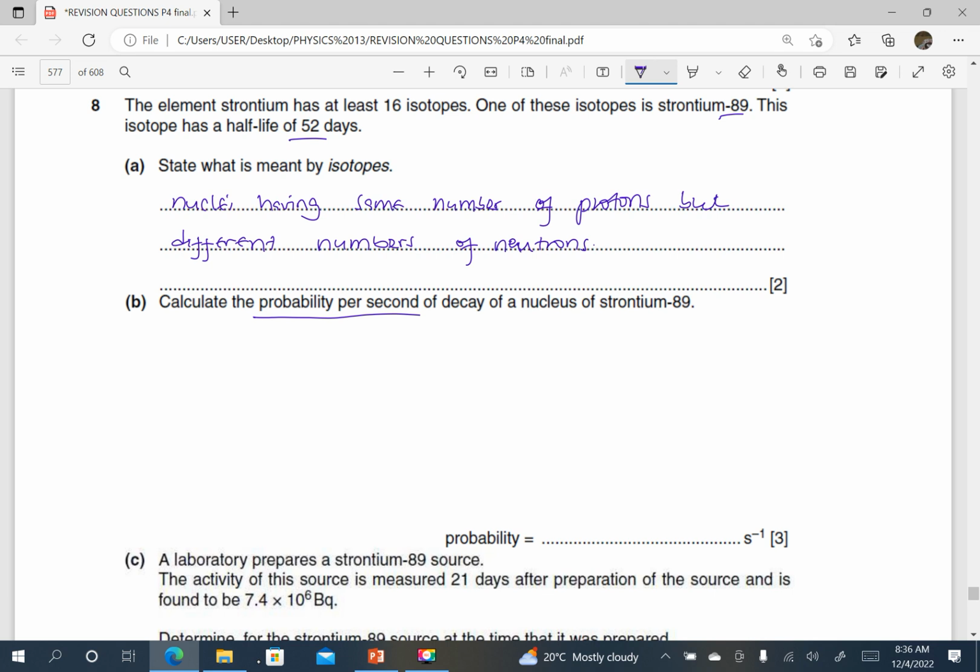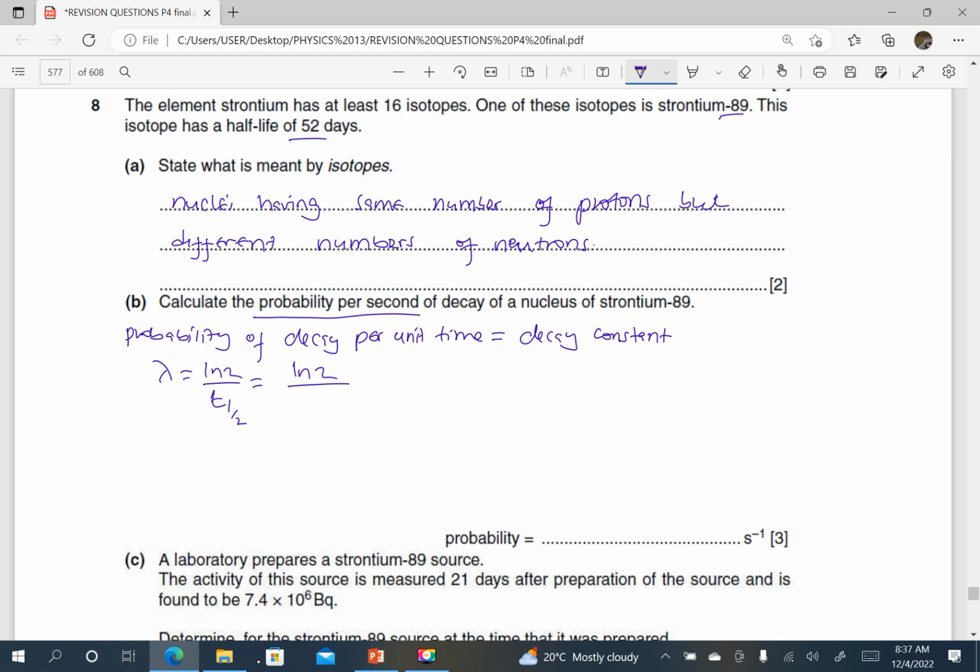So probability of decay per unit time is equal to the decay constant, and we know that decay constant is ln of 2 divided by t1/2, and this is going to be ln of 2 divided by half-life is 52 days.